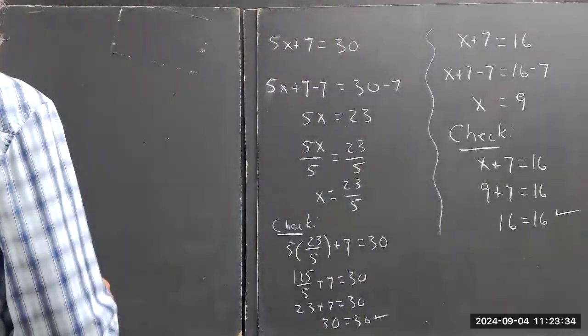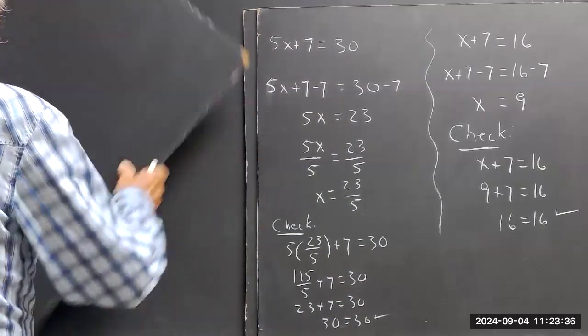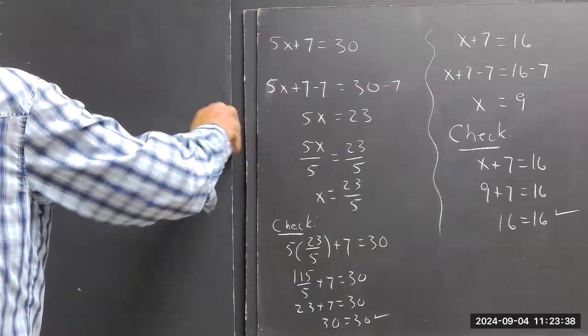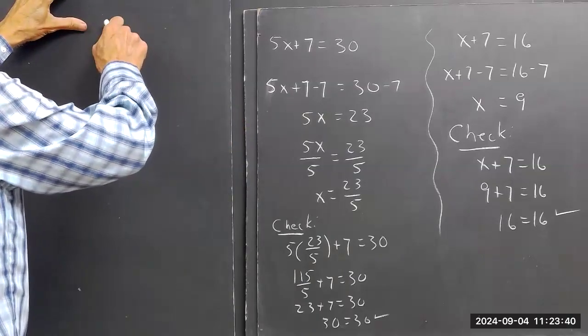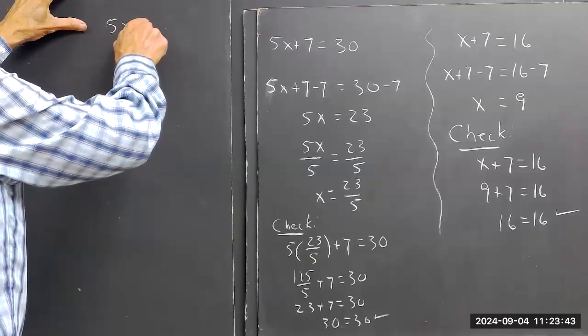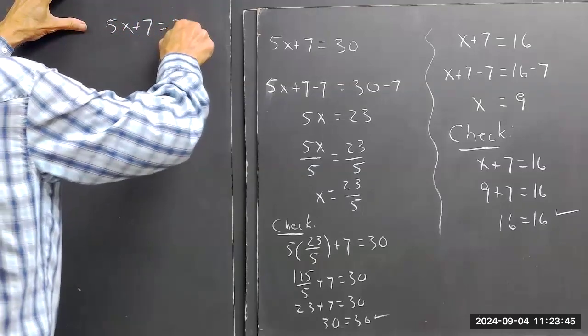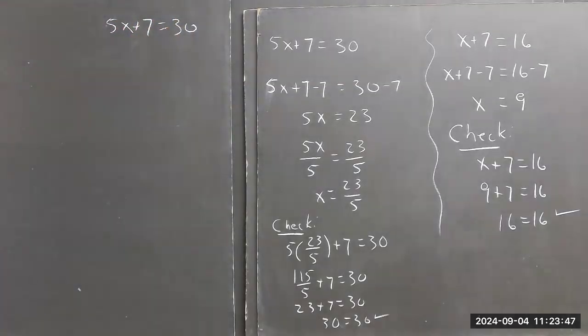Okay, so our equation is 5x plus 7 equals 30.